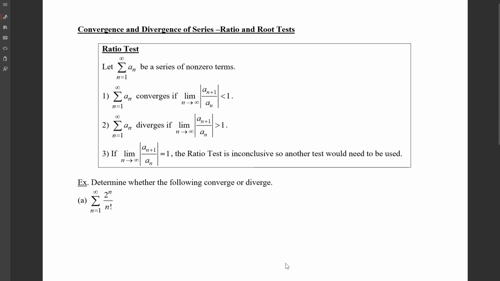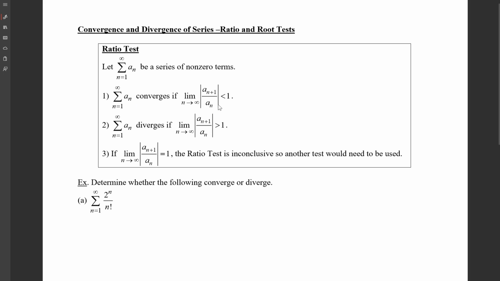All right, let's move to your notes. In your notes, we talk about the ratio and root test, and let's start with the ratio test first. What does the ratio test say? It says that if you have a series, and you take this n and replace it with n plus 1, and divide it by the original expression a sub n, you take the limit of the absolute value of that, and absolute value means don't worry about the signs.